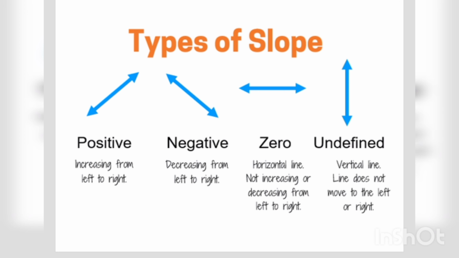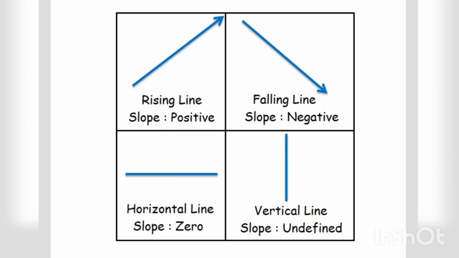And as you can see again on the screen, the first, second, third and fourth lines are all straight, because a straight line is obviously simply a line that is not curved. So we can see that all of these lines are straight, yet they have different slopes. Therefore, always remember that there are 4 different types of straight lines.